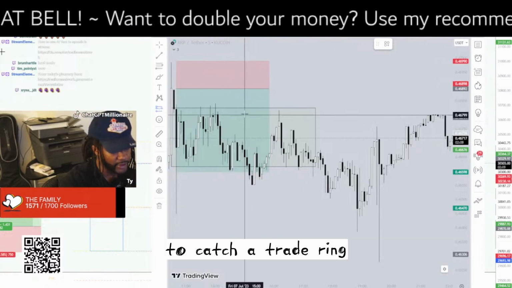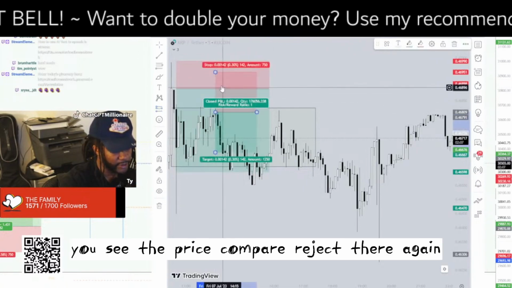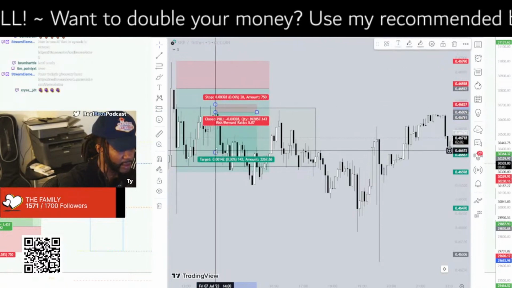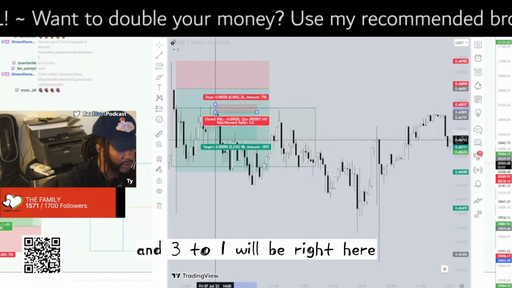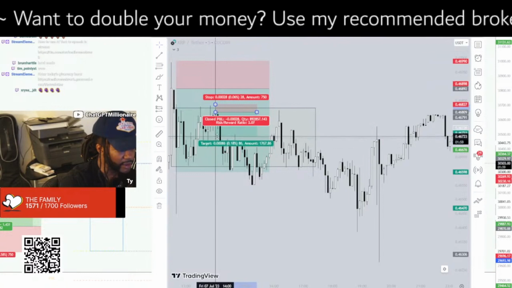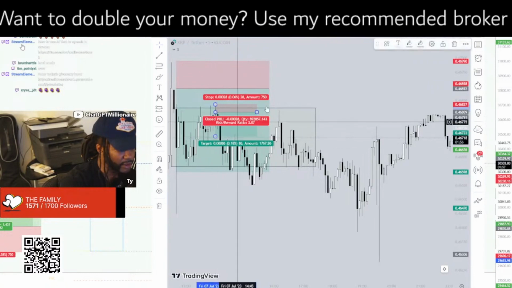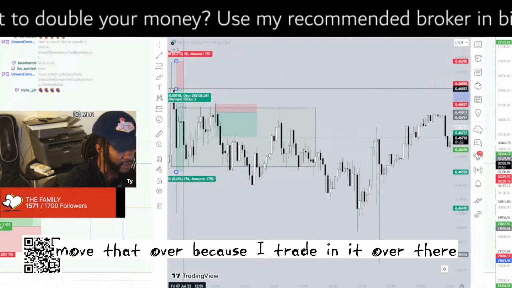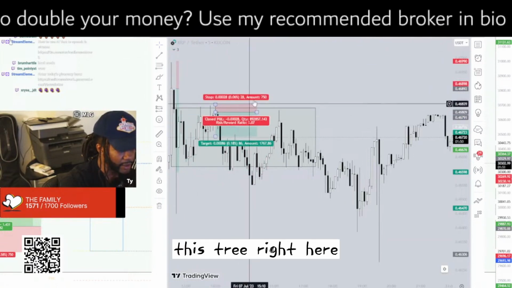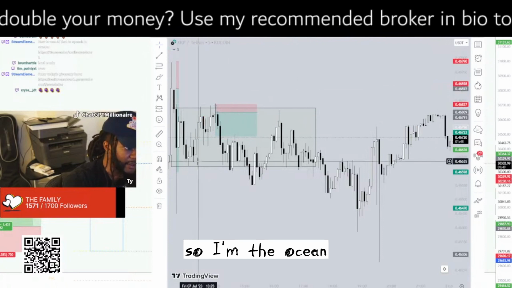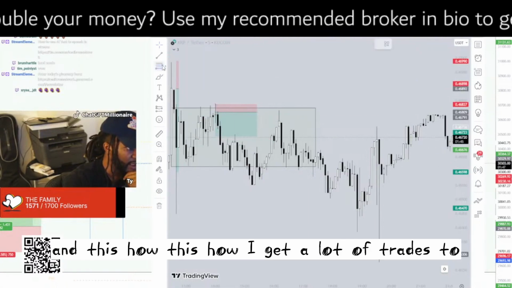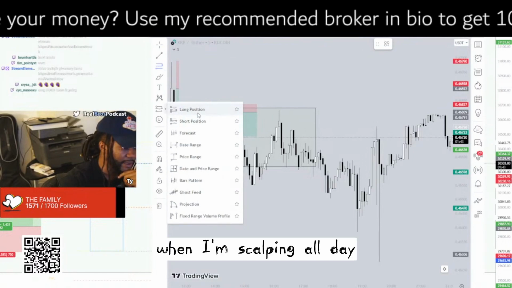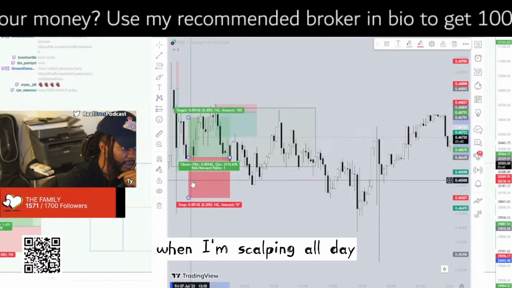To catch a trading range, you see the price come up here, reject there again, outside the trading range box, and 3-to-1 would be right here. So that's it. Move that over because that trade ended over there. This trade right here, I'll be like, oh, it's in the trading range. And this is how I get a lot of trades too when I'm scalping all day.